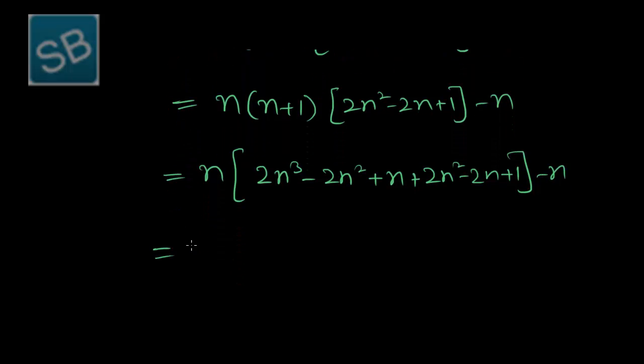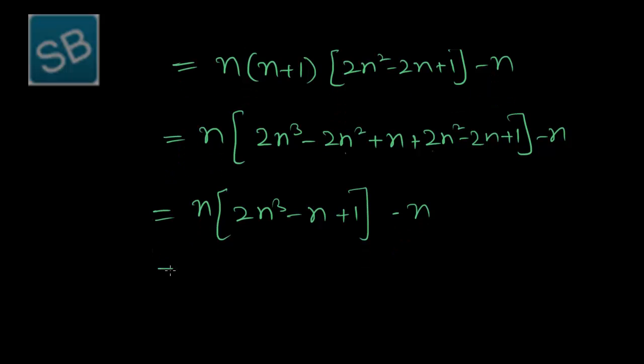So overall we get n into 2n cube, minus 2n square plus 2n square is cancelled out, plus n minus 2n is minus n, plus 1, minus n. So we get n common as a whole and in the bracket we get 2n cube minus n plus 1 minus 1.